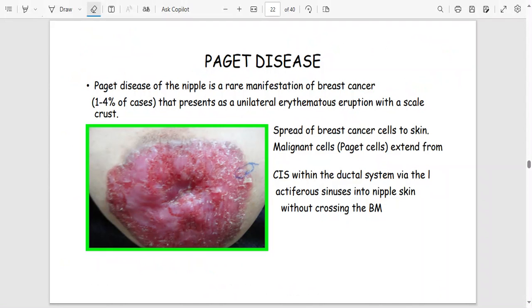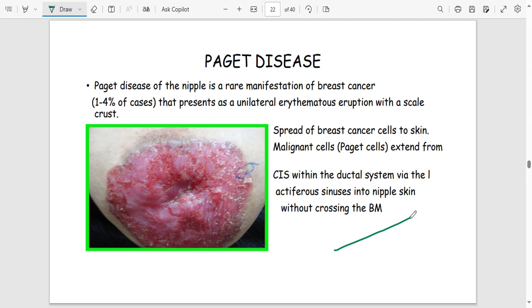Just take note of Paget's disease. This is a rare disease of the nipple, and it's a manifestation of breast cancer. So you have cancer from the acini, and then it will be able to spread through.